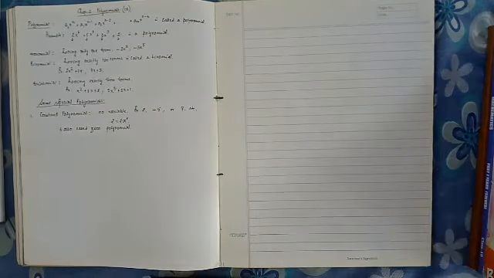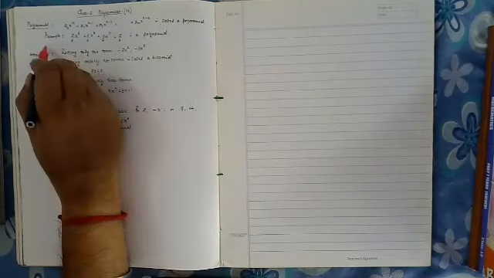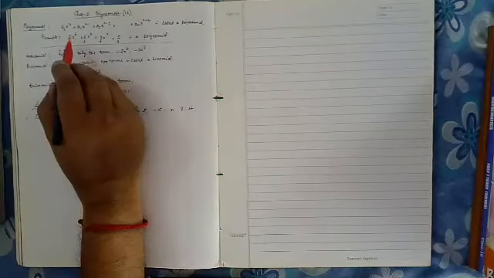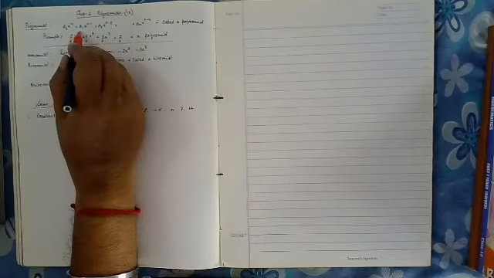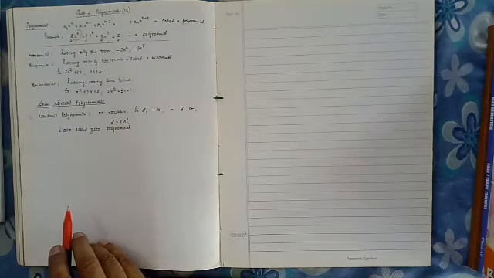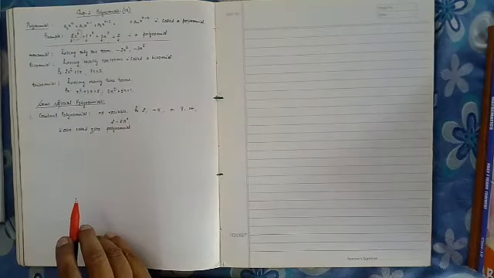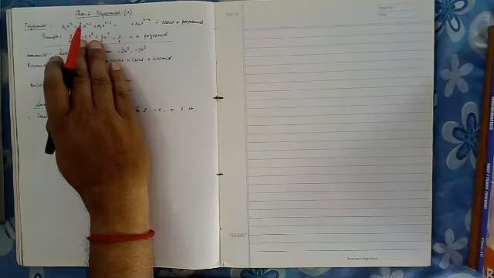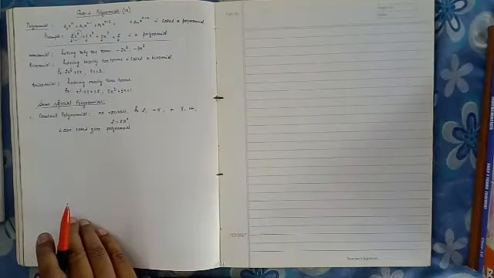For example, in this one the variable is x, and the maximum power of the variable is 6. So the degree of the polynomial is 6.